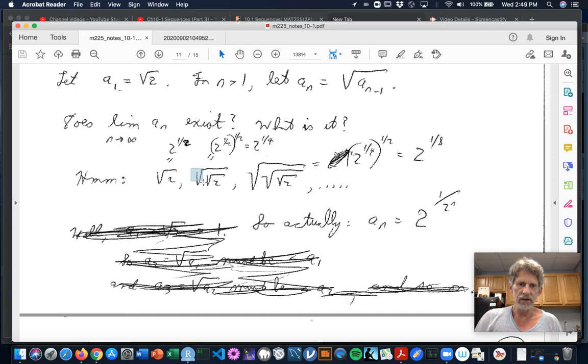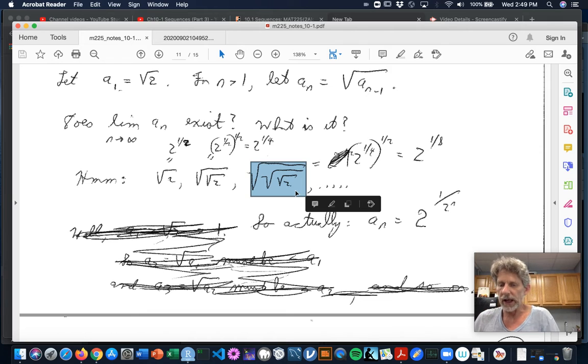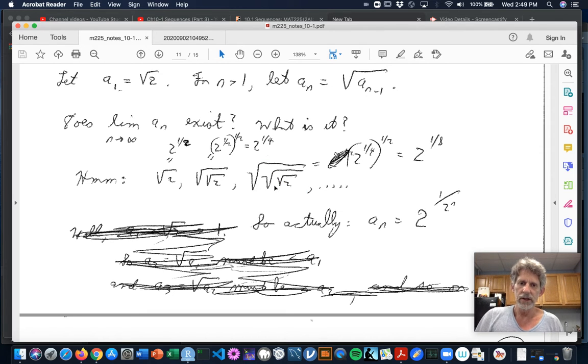But then this square root I've got thrown on here is taking my 2 to the 1/2 and raising it to another 1/2. And that's 2 to the 1/2 times 1/2, which is 2 to the 1/4. And then here we've got 2 to the 1/2, 2 to the 1/2, 2 to the 1/2. That's 2 to the 1/2 cubed. It's 2 to the 1/8.